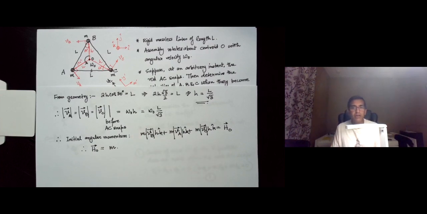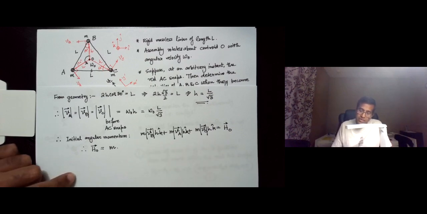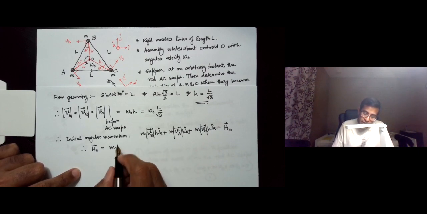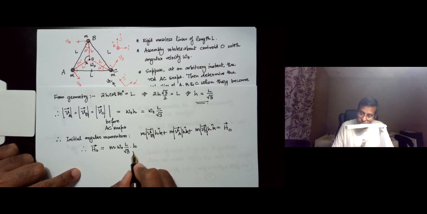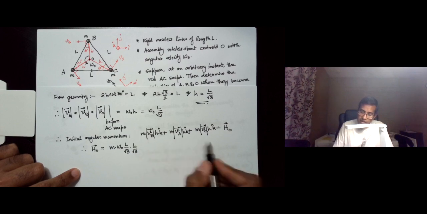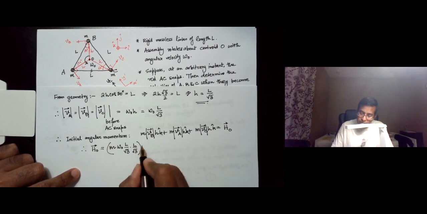I'm not going into the r cross mv just in the interest of time, but if you did that, you will be able to see that the final expression looks like this for the angular momentum of individual particles about the point O. So you have m omega naught L over square root 3 times h, which is L over square root 3, and the same thing is going to be repeated for all the three masses.